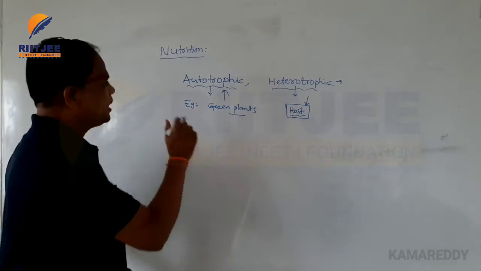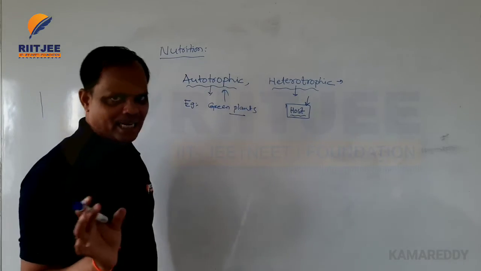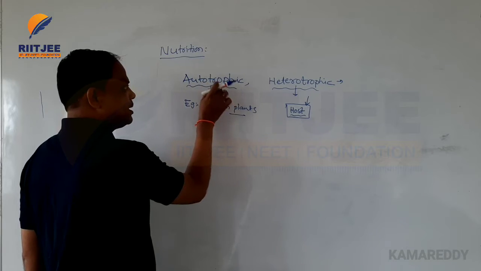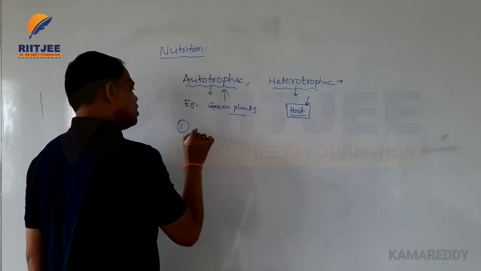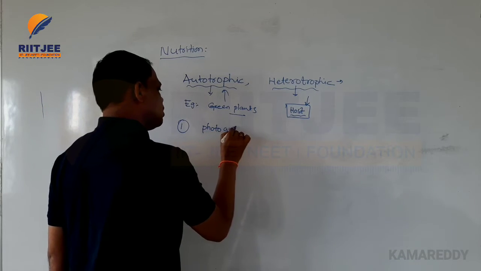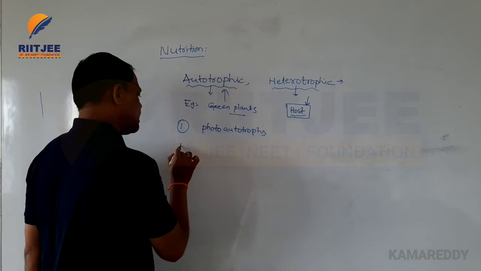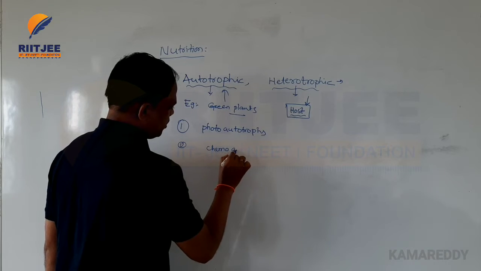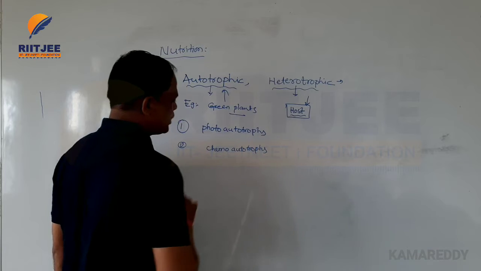Okay, right. Here the source of carbon and sunlight. The autotrophic organisms are of two types. One is the photoautotrophs, and the second one is the chemoautotrophs. These are the two types.